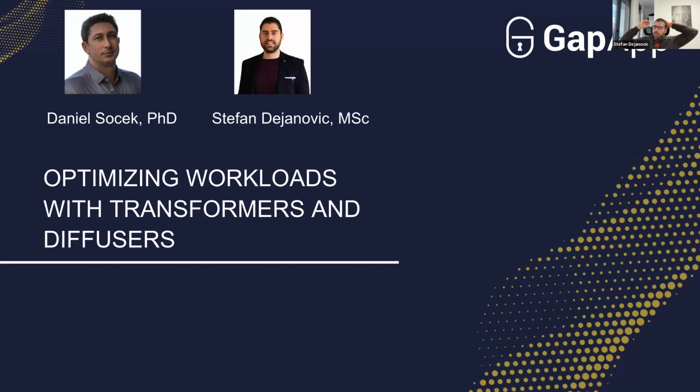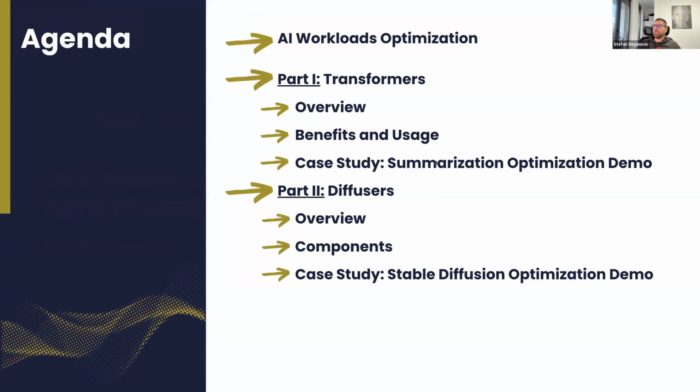All right, perfect. So we can start the session. The topics that we will cover: part one, where I'm going to do a bit of showcases about transformers. We're going to do a quick overview, then go to the benefits and usage, and the last thing, the case study about summarization, optimization, and demo.